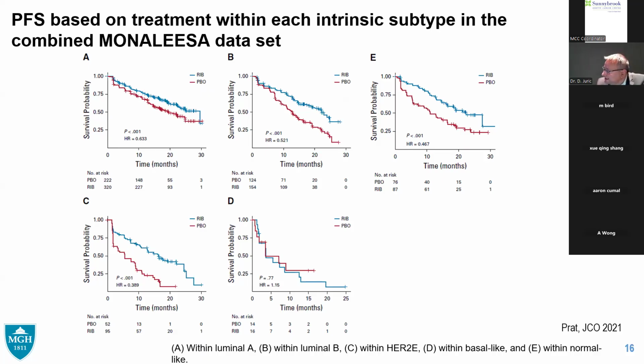And what is surprising is not that you see, for example, really kind of wide separation of curves in, for example, luminal B tumors in this B panel, but that in seemingly indolent tumors, the luminal A, you also see clear separation of the curves with hazard ratio of 0.633 for PFS.